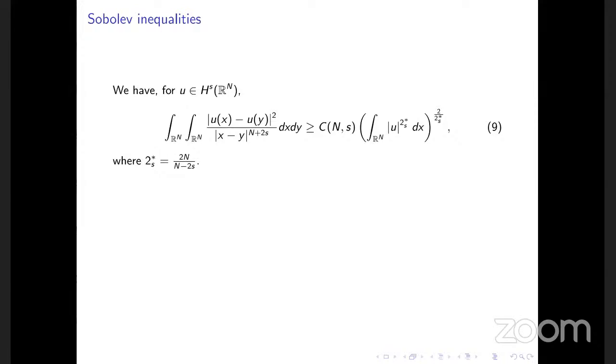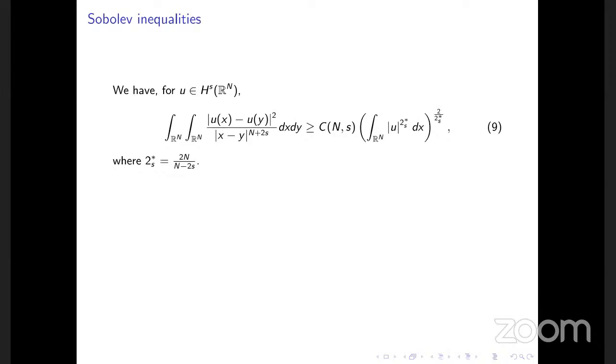In general, this nonlinear inequality allows us to run a De Giorgi iteration in order to obtain an a priori L infinity bound, a priori Hölder continuity and the Harnack inequality. So one in general does not even need to get 2 star s, the scale invariant inequality, but simply a nonlinear inequality is in general enough.